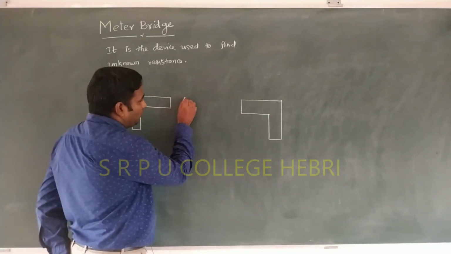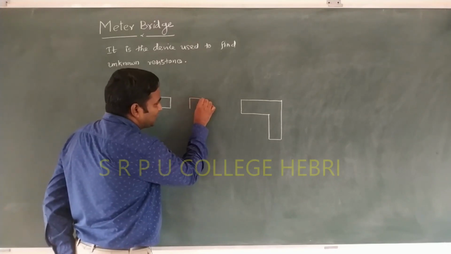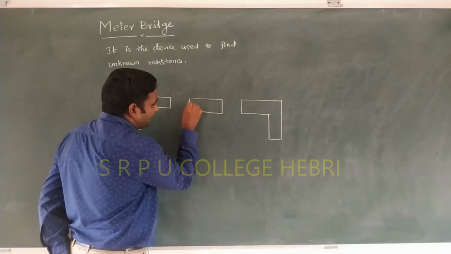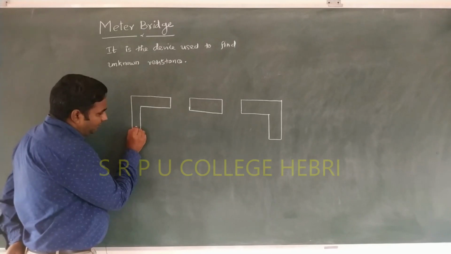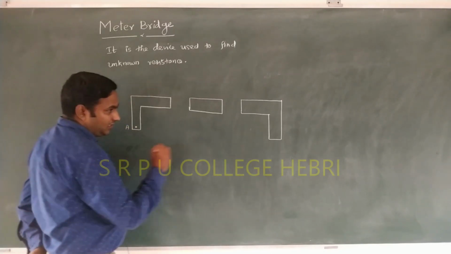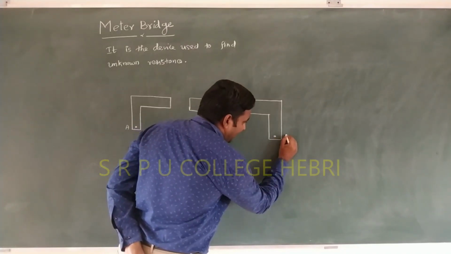In between the two L-shaped metal strips, it contains one more metal strip like this. This particular point on the L-shaped metal strip I call A, and this particular point on the other L-shaped metal strip I call C.